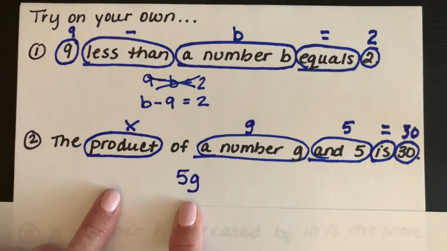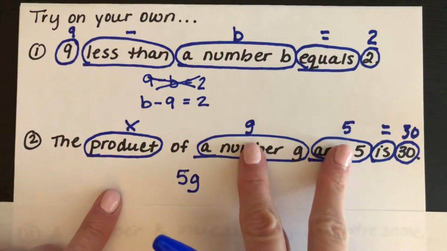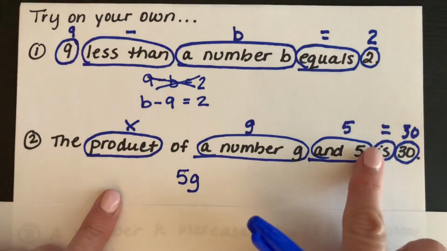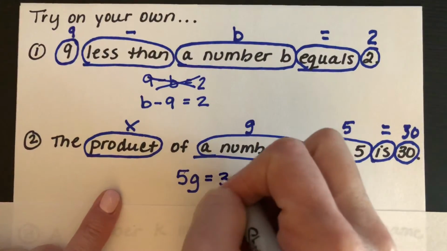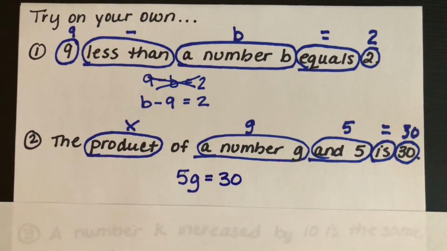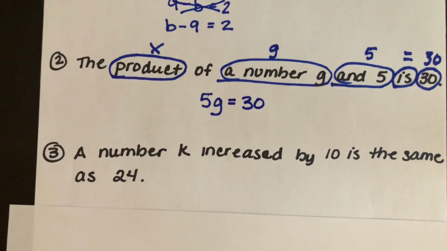But the way we always write it in algebra is that the coefficient, which is the 5, comes first before the variable. So we have the 5 and the g multiplied, and they equal 30. That's your answer. All right, let's try 2 more problems and see if you can get these.